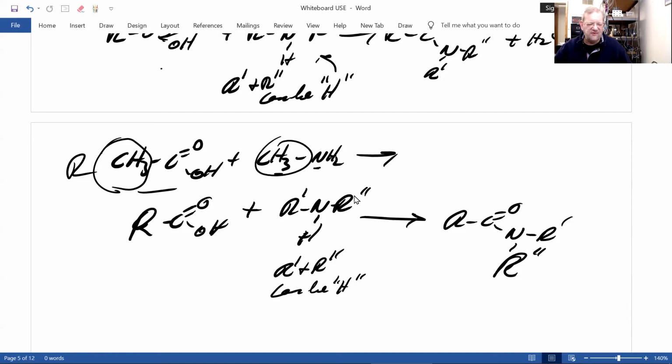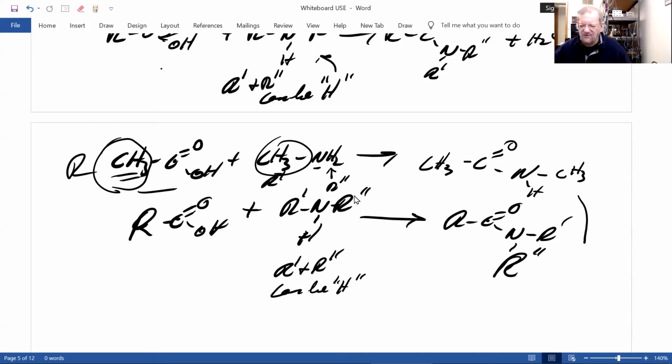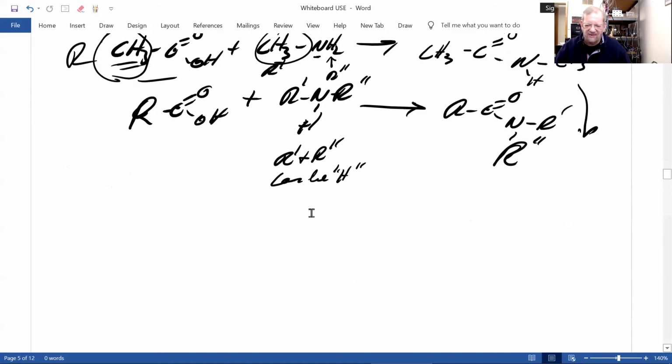And therefore, what's our prime? Methyl. One of these hydrogens is our double prime. Keep your eye on the carbonyl carbon, because that's where the fun is. What's attached to it is a methyl. Then I'll have my nitrogen. One of the R groups, R double prime, is methyl, and the other one is hydrogen, which I'm running out of room, so I'm going to go down here, which you could also write, and I'll bring this down again.